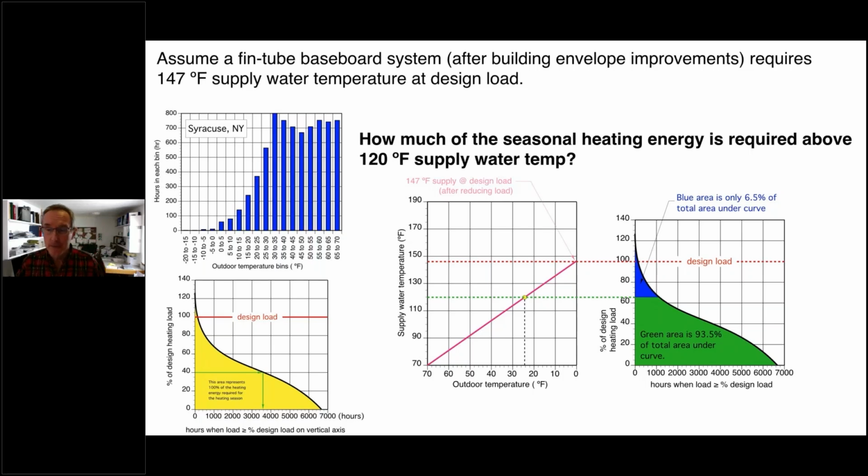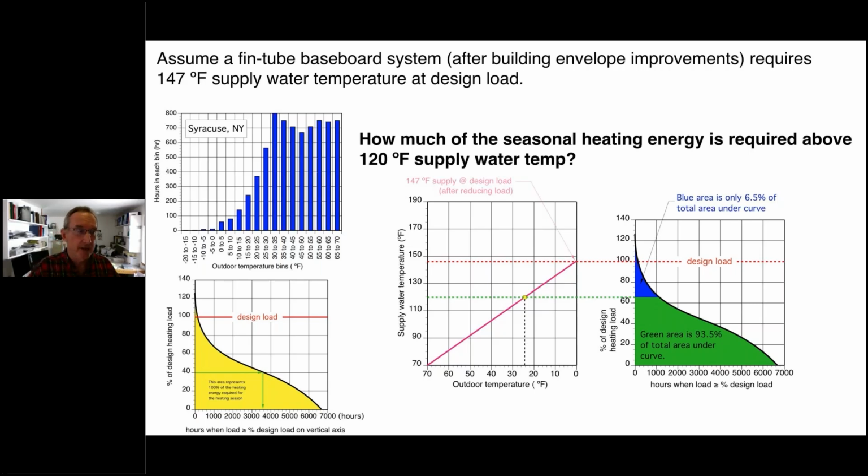The blue area is only the remaining 6.5% of that seasonal energy. And that's where we have to be above 120 degrees Fahrenheit. Okay. And the takeaway from this is that even though we need 147 degrees Fahrenheit at design load, at 120 degrees or less, we can still supply about 93% of our energy.